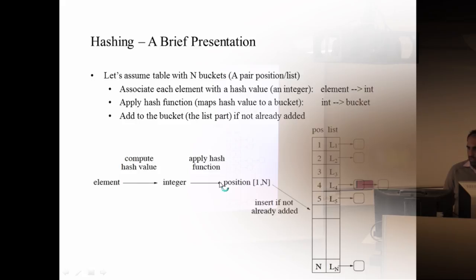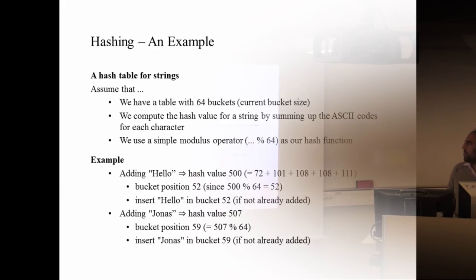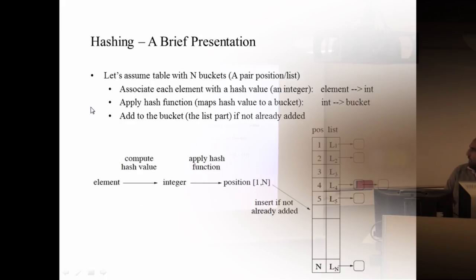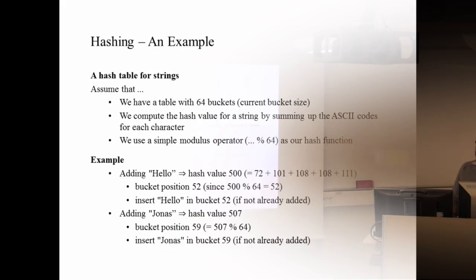For example, if we have a table with 64 buckets, so 64 positions, and we assume that the values are of type string, it is a hash table for strings.